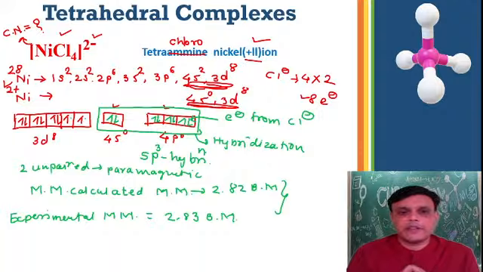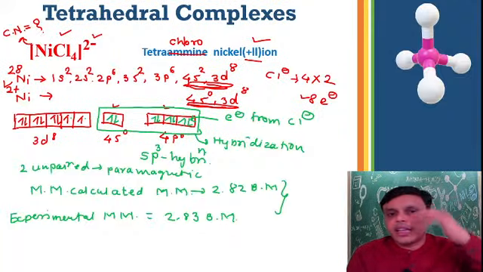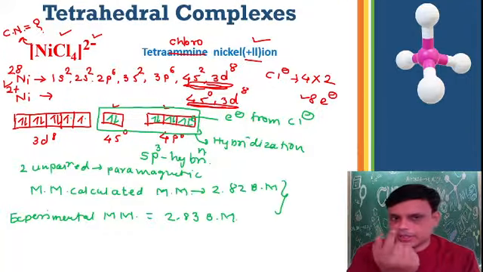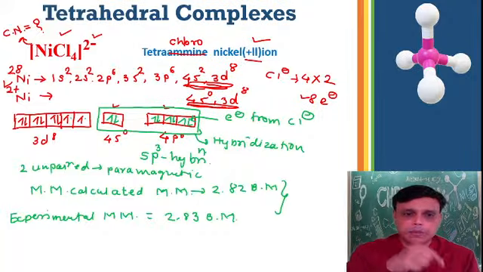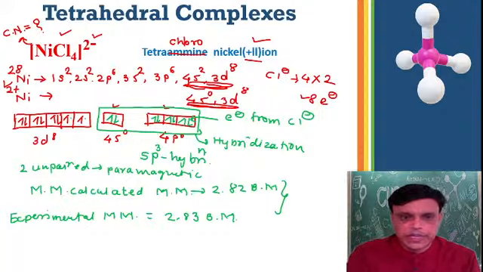That means these diamagnetic complexes will weigh less in the applied magnetic field, as we saw while discussing the d block metals last year in SYBSc. So the theoretical magnetic moment we can calculate by using the spin only formula, and the experimental magnetic moment we can calculate by doing Gouy's experiment.